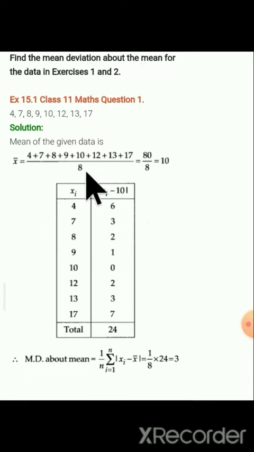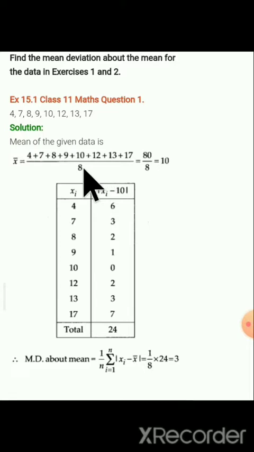So here first write down the formula, that is mean equal to sum of the observations divided by total number of the observations, and mean deviation about mean is 1 by n into summation of absolute values of xi minus x bar.